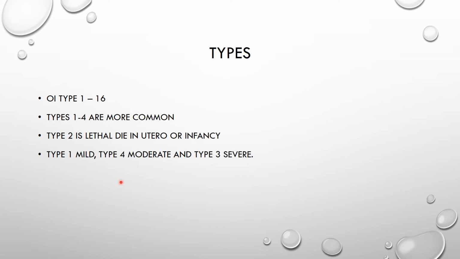With type 1, they can live a normal life with a normal life expectancy, but with type 3, usually when they get to adolescence, they are wheelchair bound. They have kyphoscoliosis and other problems around that age, and so they can succumb to cardiopulmonary disease.